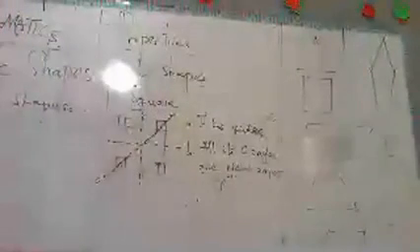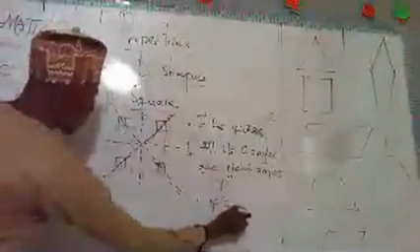This is a diagonal, it's also a line. We can draw a diagonal like that. We also have another one. So we have 4 lines of symmetry. Is it clear?